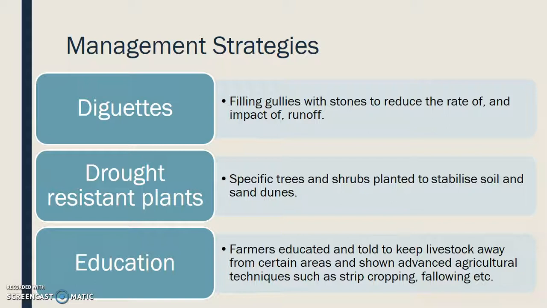If you go into these areas, you've got farmers that don't necessarily know the most efficient and effective methods of farming in this area, and the methods that will ensure they don't have huge issues down the line. So we look at things like strip cropping, which is similar to the contour ploughing we were talking about earlier, where you only harvest sections of a field at a time.